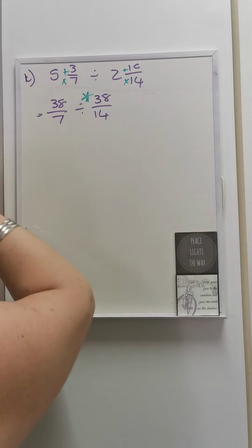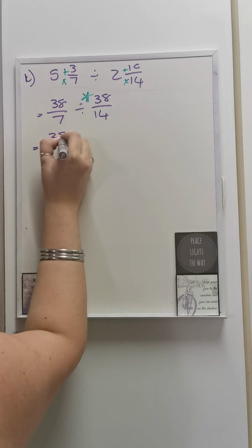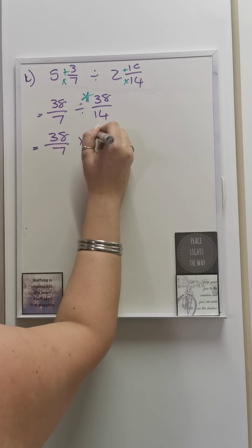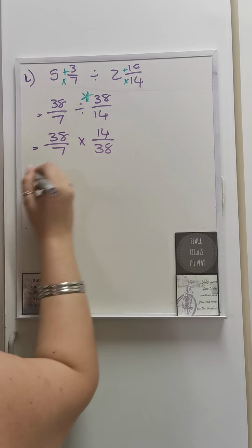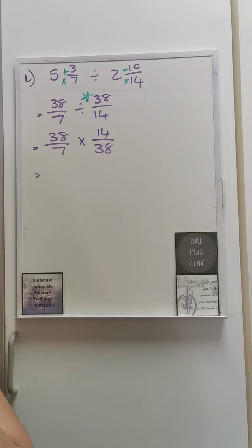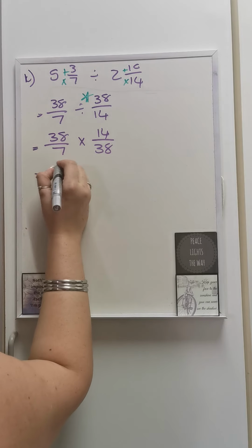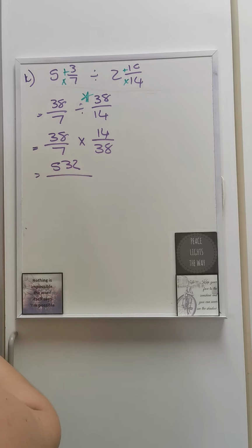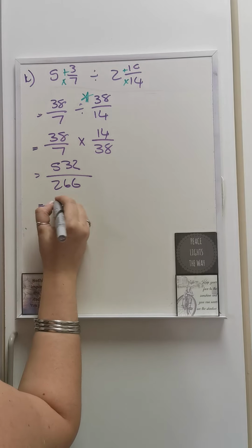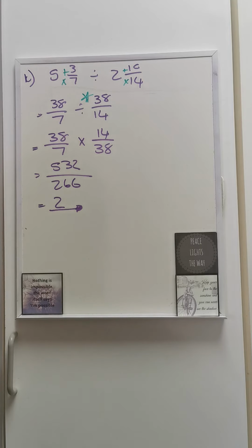Divide tells me something needs to happen. So 38 over 7 times 14 over 38. 532 over 7 times 38 gives you 266. So 532 divided by 266 gives you a big total of 2.